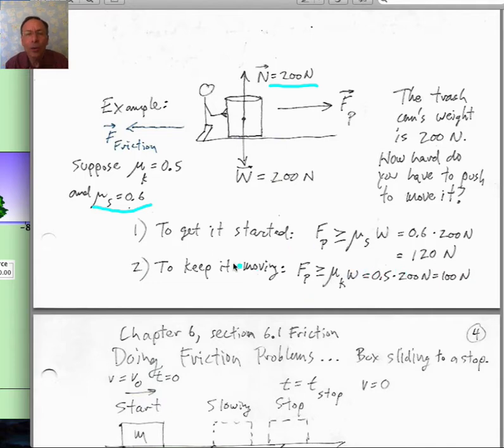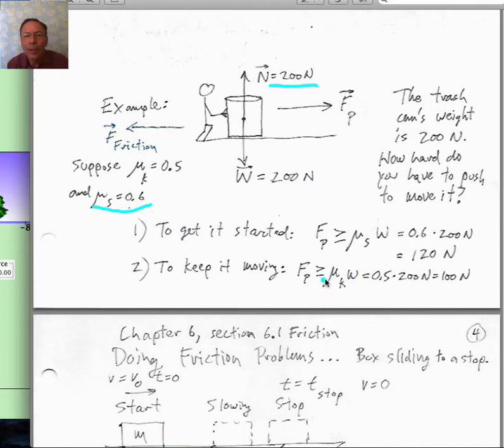Now, the next question is, if you want to keep it moving, how hard do you have to push? If you just want to keep it going at a constant velocity, which is really what I'm asking here, your pushing force has to balance out the kinetic friction. Kinetic, because you're moving.